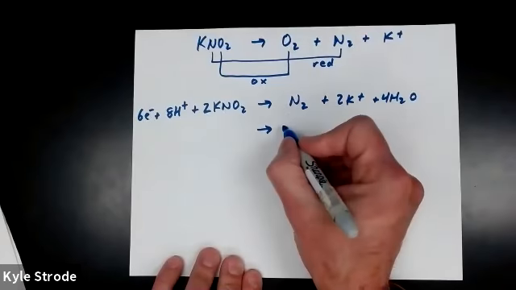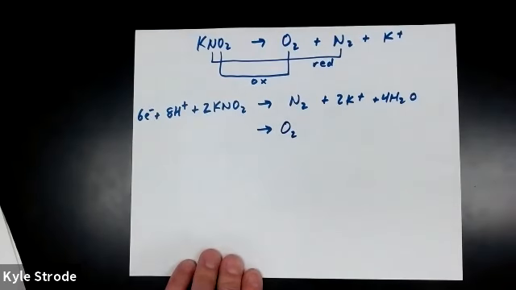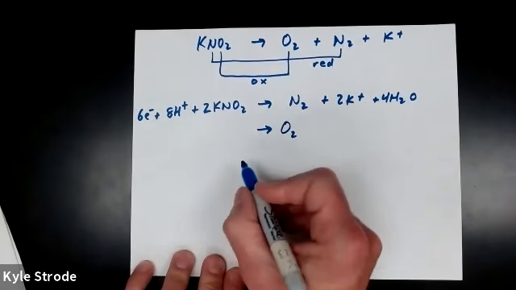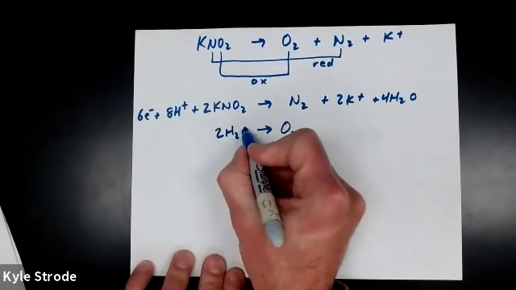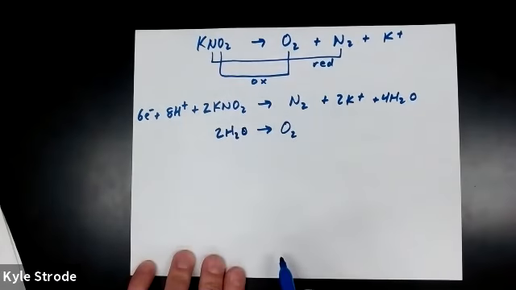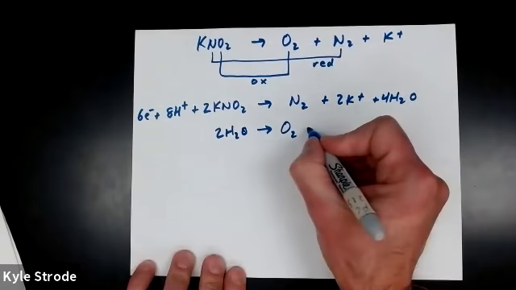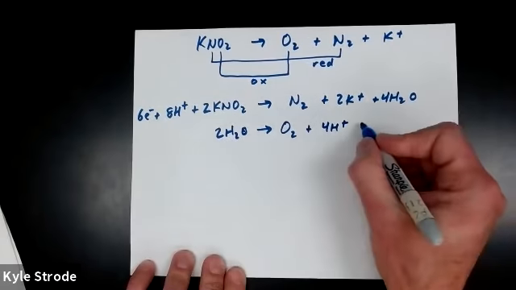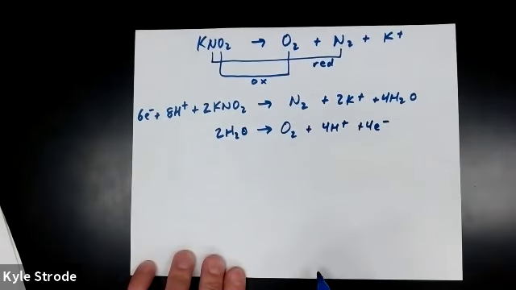So I'm going to pick the one on the right and balance that O with water. It looks like I need 2 waters. Notice that I'm just completely neglecting the KNO2. Now I'm going to balance my H's, and balance my charge, 0 and +4, with 4 electrons.